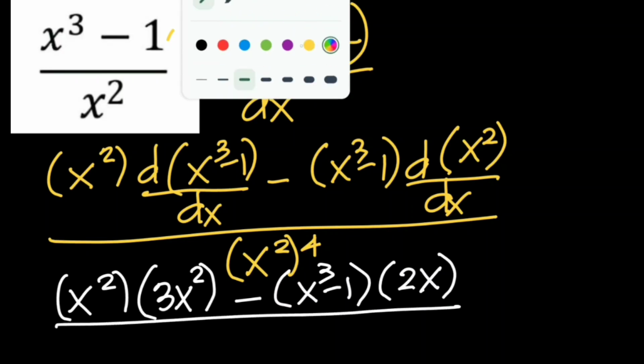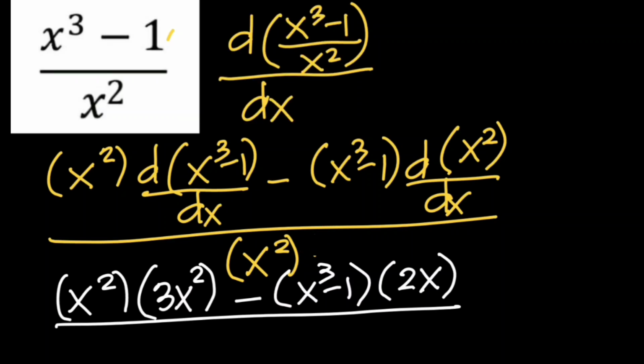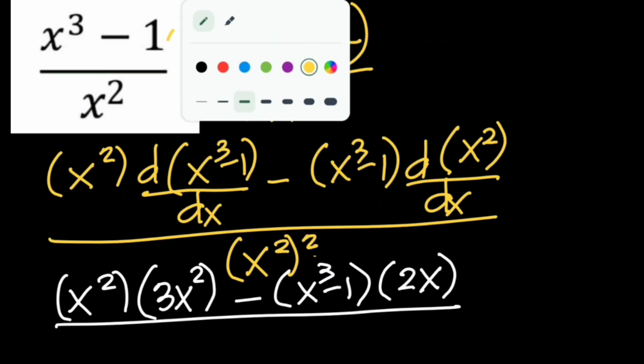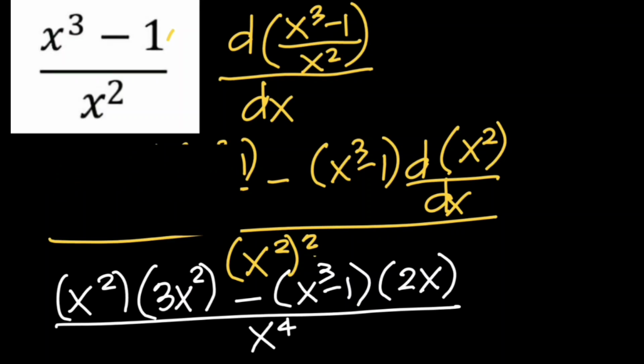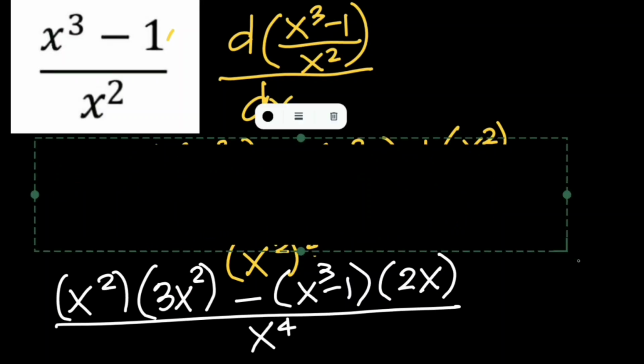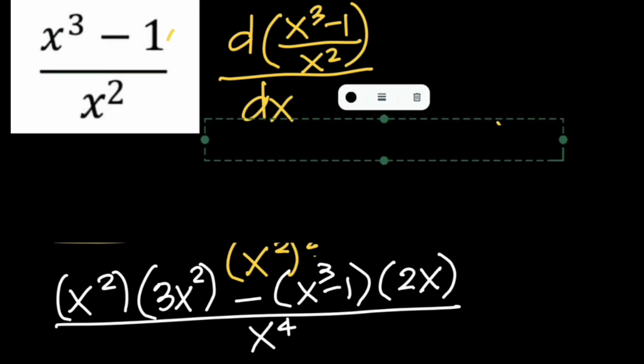Oh, this should be squared, sorry. So x squared squared is x to the 4th. Then we further simplify the numerator.